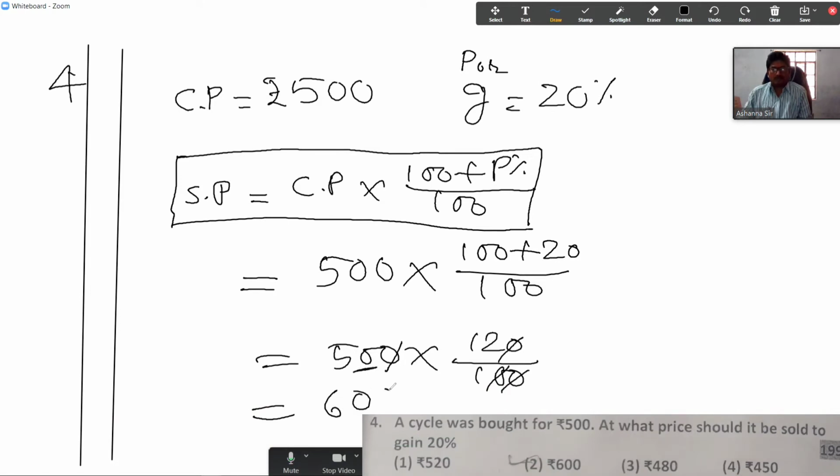We have two 0s. So 600 rupees is the selling price. So option 2.